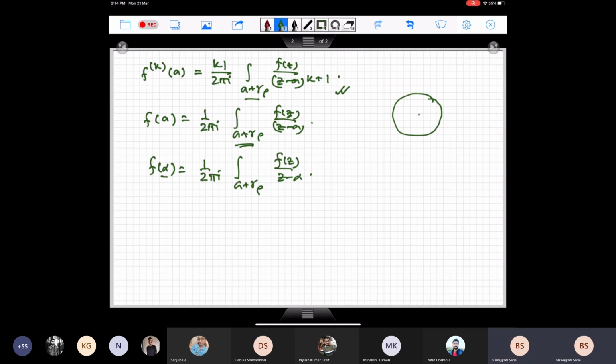Here at least alpha is not the center. My circle is centered at a, whereas alpha is something else. Of course, you need to have the modulus of a minus alpha less than rho, and f is holomorphic in some ball containing all this. So that's the picture.